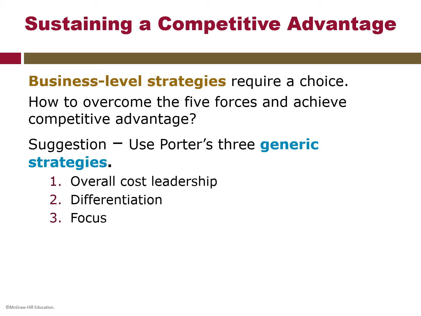And third, firms following a focus strategy must direct their attention towards a narrow product line, buyer groups or geographical market. A firm emphasizing a focus strategy must attain advantages through either a differentiation or cost leadership approach.